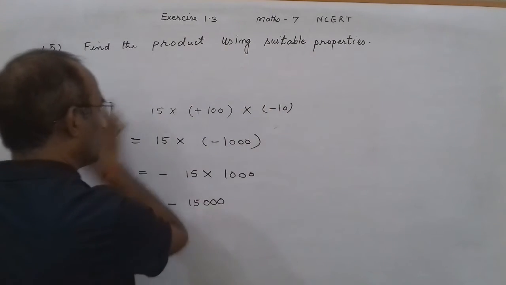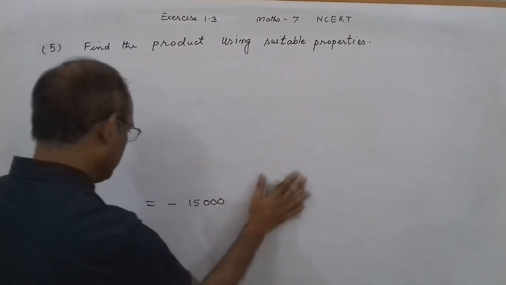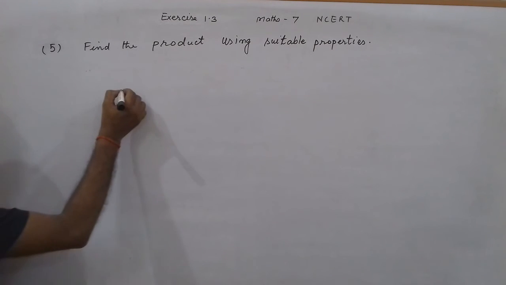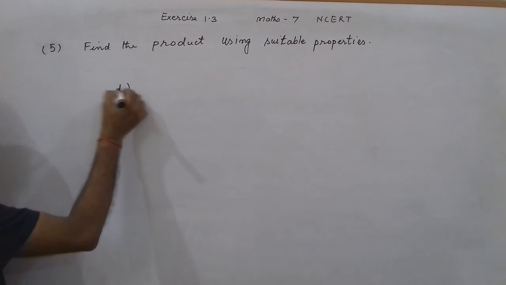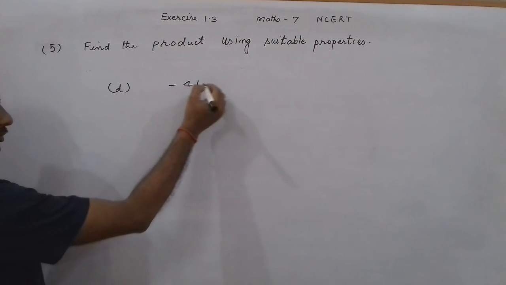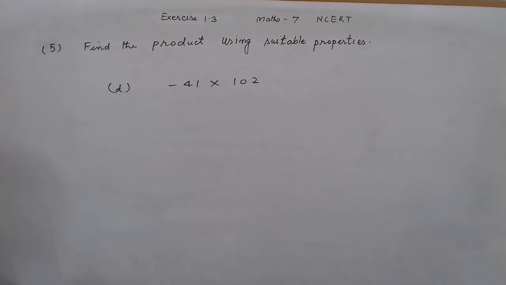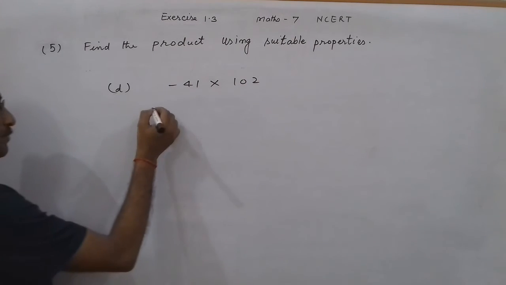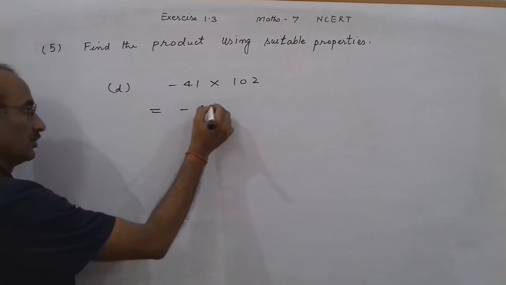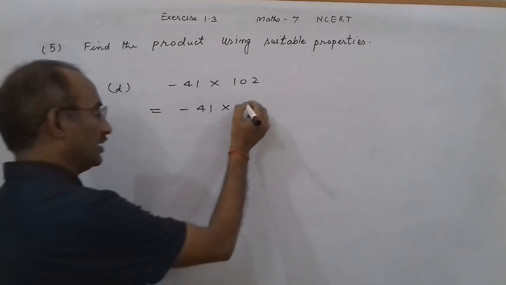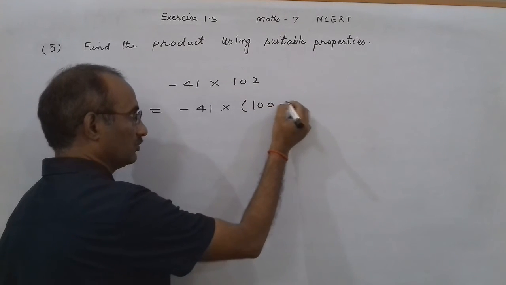Our next question is D. It is minus 41 multiplied with 102. Here 102 can be split into two terms as 100 plus 2.